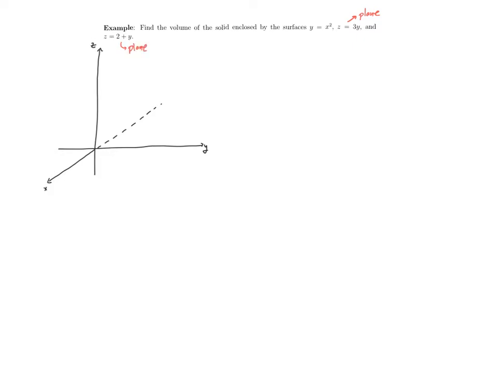But I'd like you to think for a moment, what word would you use to describe y equals x squared? If we go back to our discussion on quadric surfaces, whether it looks like it or not, y equals x squared is something that we would call a parabolic cylinder.